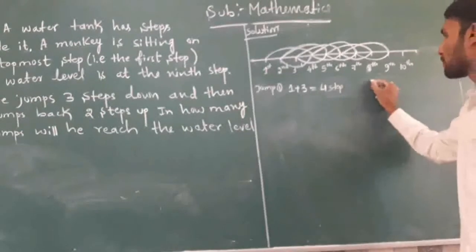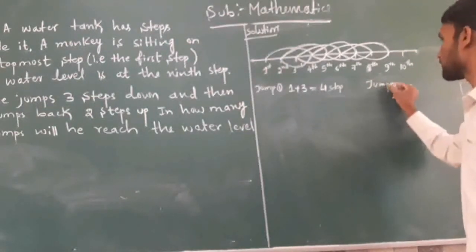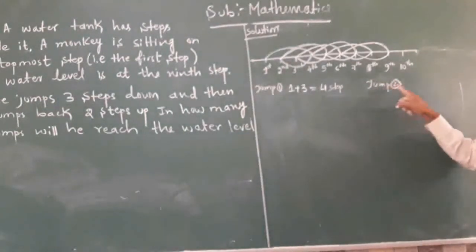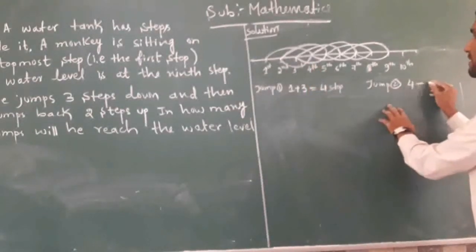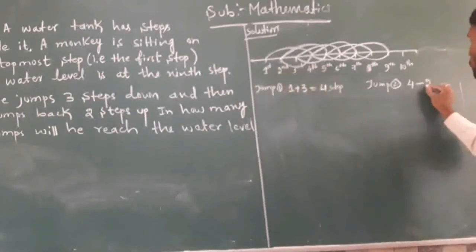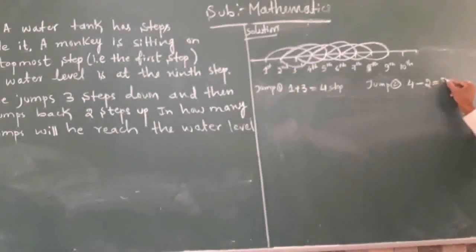Next, second jump: it jumps again, 4 minus 2. What is the answer here? This is step number 2.